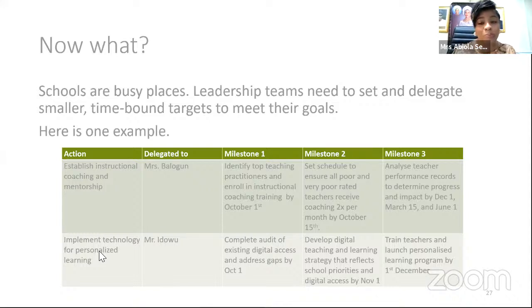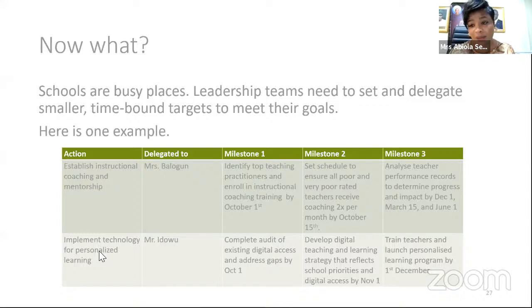Okay, so based on that SMART goal, look at action number 1. Establish instructional coaching and mentorship. Who is it going to be delegated to? Mr. Balogun. Okay, so we're not just saying, oh, it's just going to happen. Who will take ownership? Who are we going to empower with that responsibility?